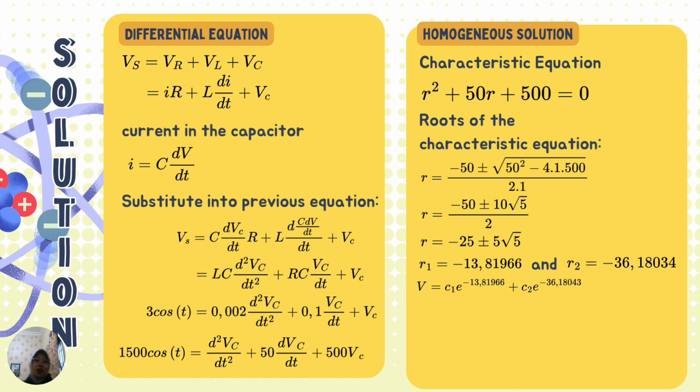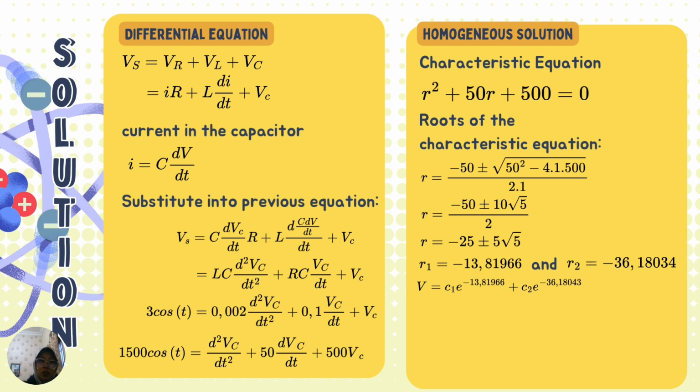We found that Vs is Vr plus Vl plus Vc, equal to IR plus L di/dt plus Vc. The current in the capacitor is I equal to C dVc/dt.